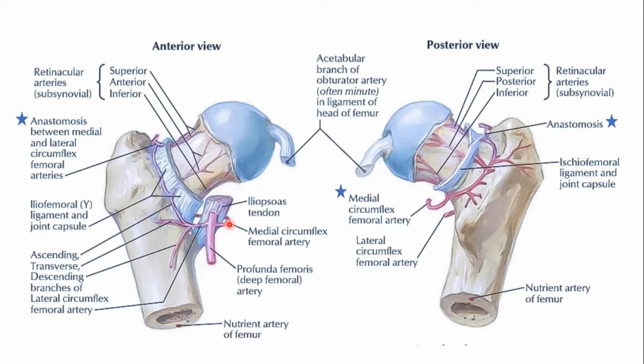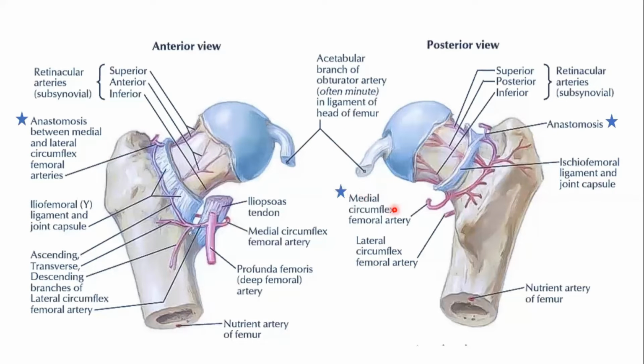And these are the retinacular arteries, which are subsynovial: superior, anterior, and inferior. These are involved in the blood supply to the upper end of the head of the femur. And this is the acetabular branch of the obturator artery, often minute, in the ligament of the head of the femur.